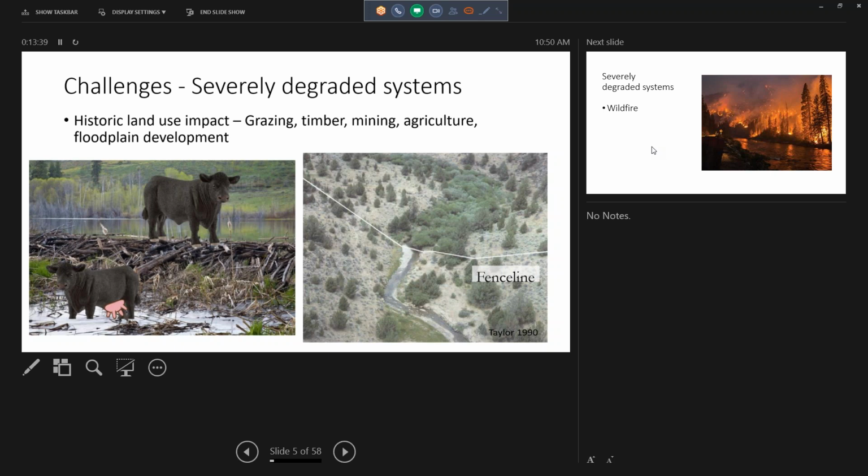So cattle, as you can see in the picture on your right, the Taylor 1990 photo, just that white line going across the picture. This white line is a fence line. We drew in a white line so you can see it well, but this is where cattle are excluded, cattle not excluded. Wow.